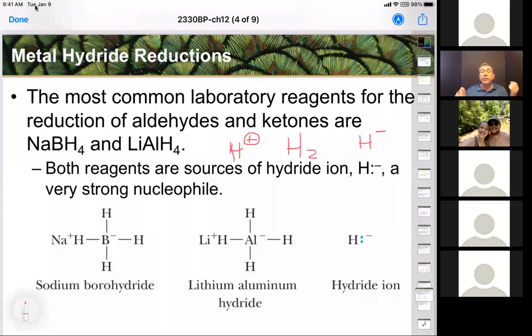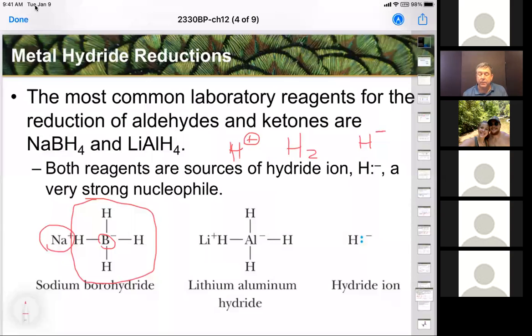This is our reactive species in our system, and because it has a negative charge, it's a very strong nucleophile. What these look like is a complex with 4 hydrogens on a boron, counterbalanced with a positive sodium charge.